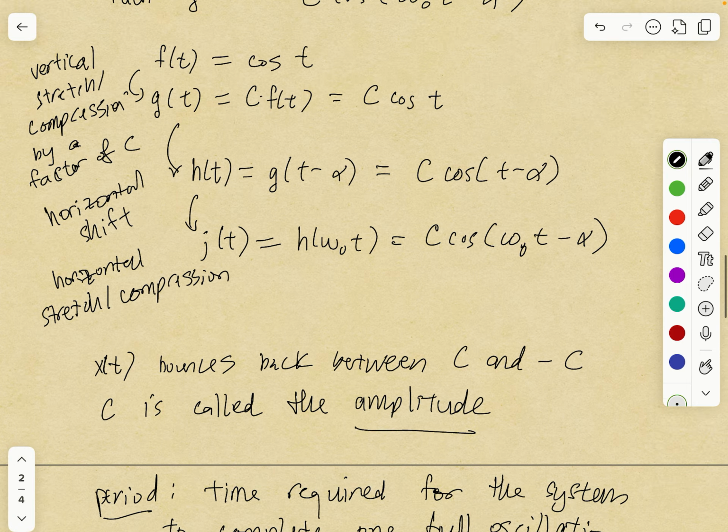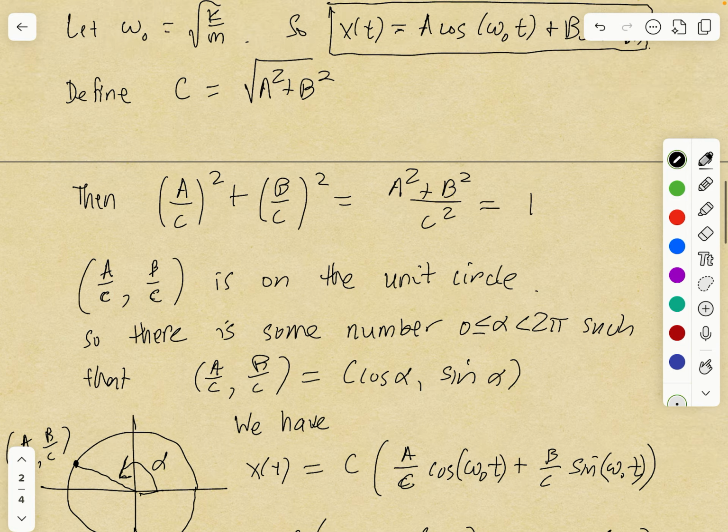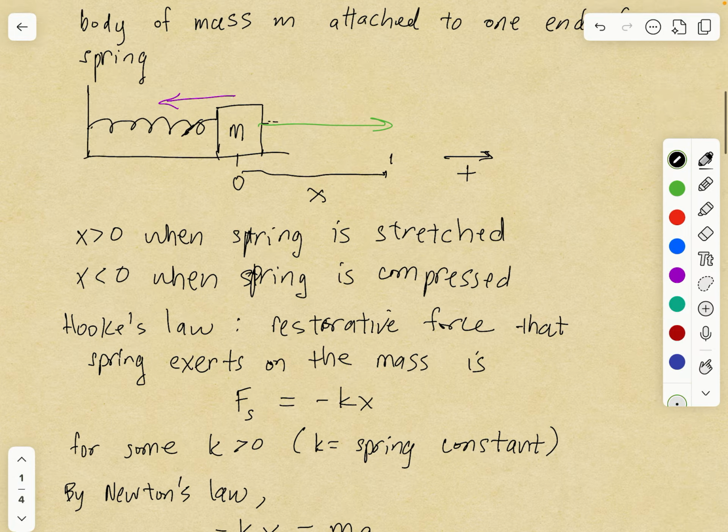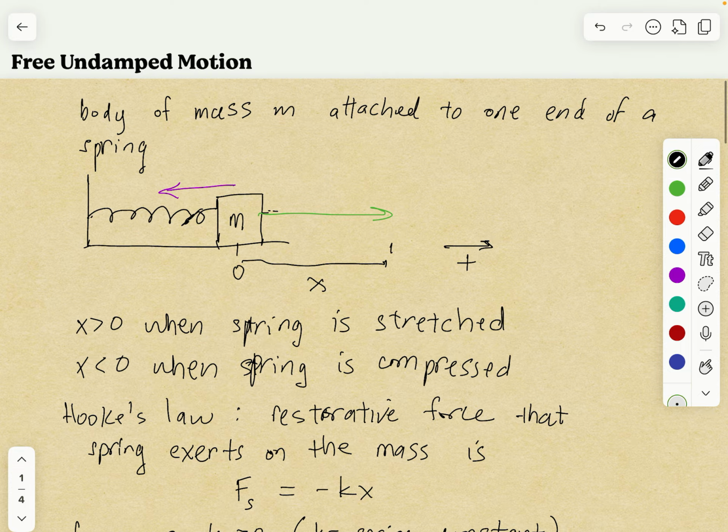All right, so basically what happens with the spring is what you would expect from your intuition, that when you have a frictionless surface and you pull the block back, it's just going to swing back and forth across the equilibrium position between C and negative C, some constant, forever.